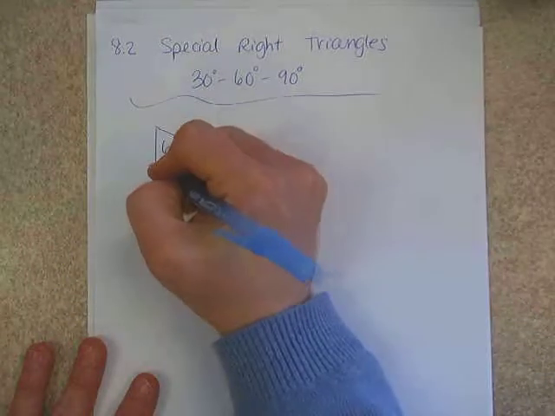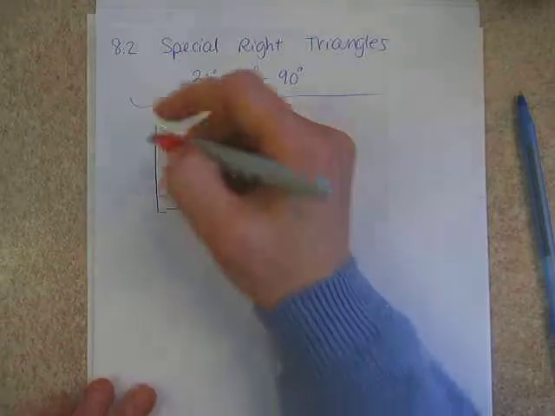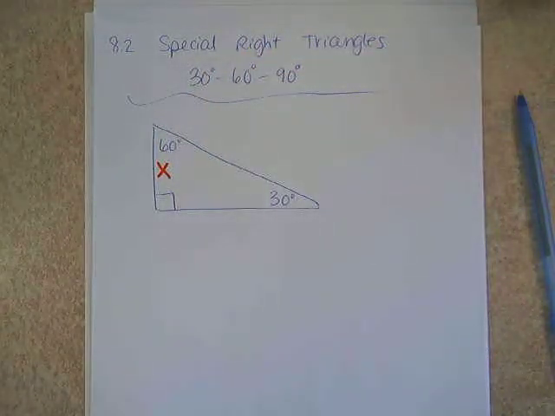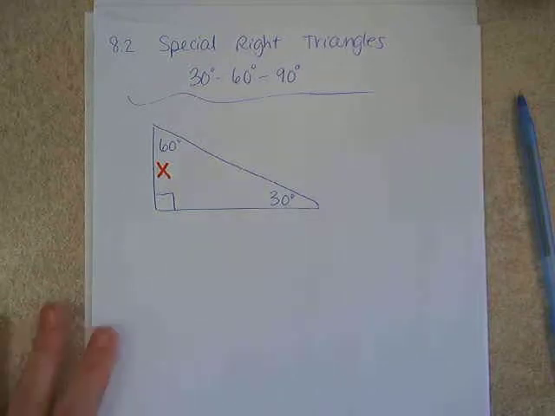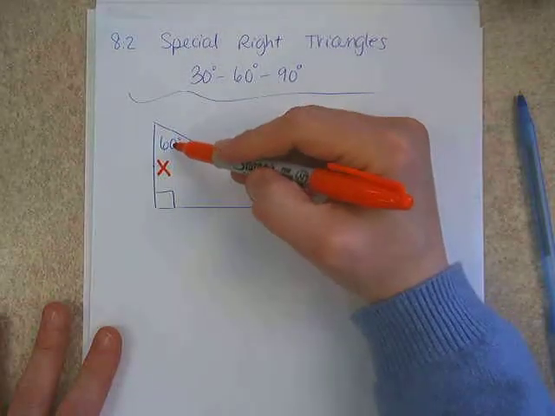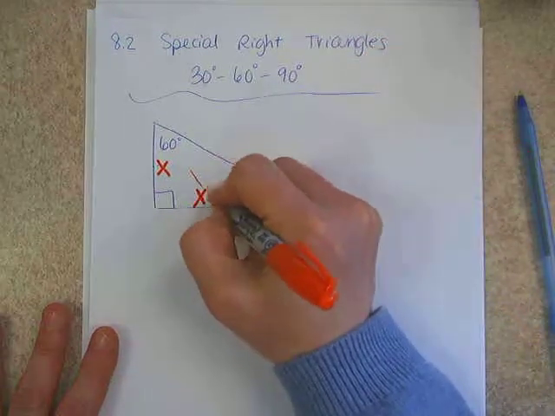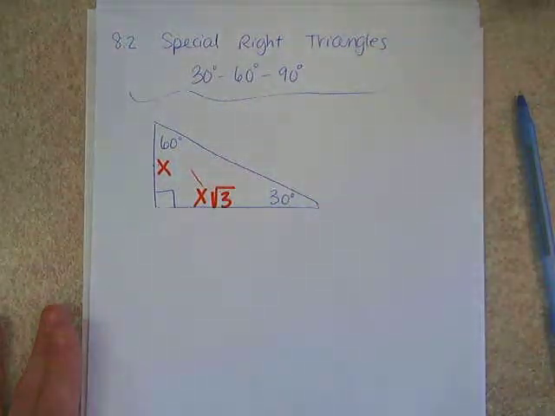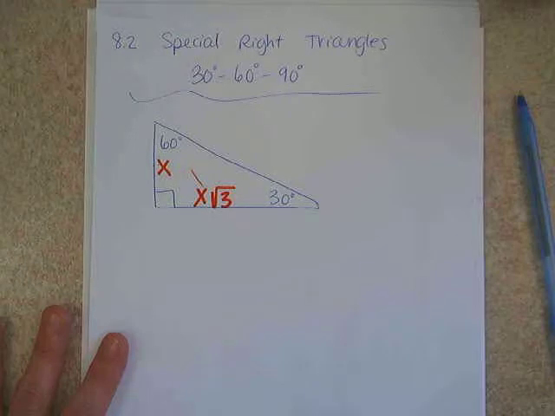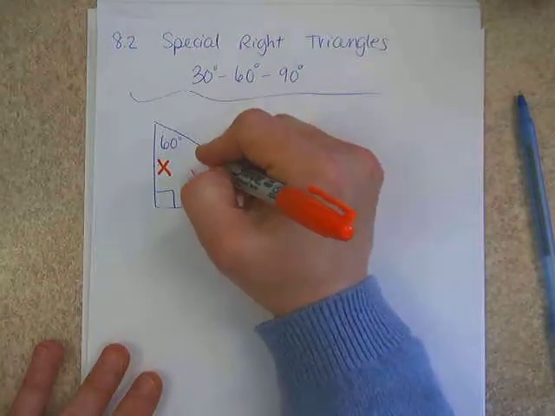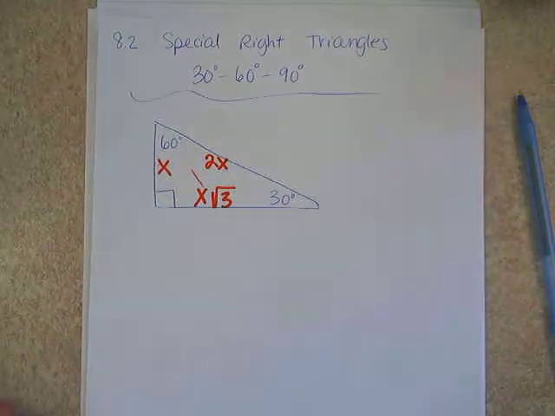So you will have one that is just x. Directly out from 60 is x radical 3. And the hypotenuse, since that's the longest, will always be 2x.